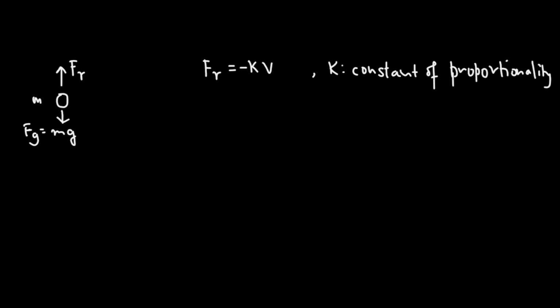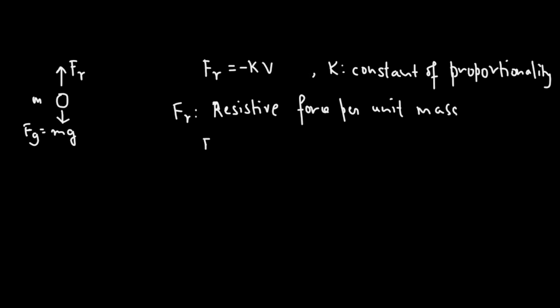For the sake of simplicity, we are going to consider this f of r as the resistive force per unit mass. That means f of r divided by the mass m equals negative k times v. So f of r, the resistive force, equals negative m times k times the velocity.